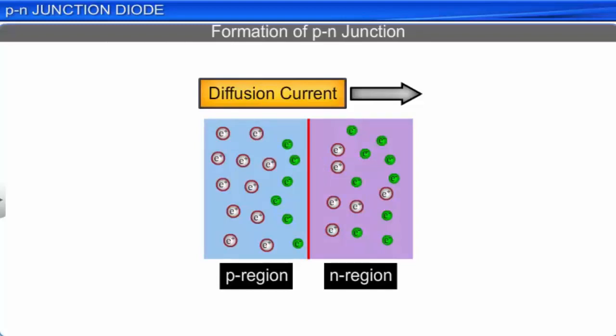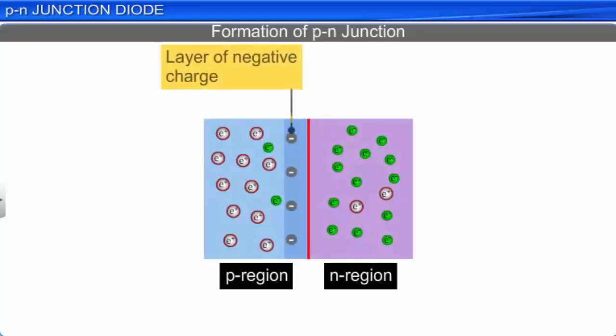Similarly, when holes diffuse from the p region to the n region, they leave behind stationary, negatively charged atoms of the acceptor impurity. This creates a layer of negatively charged ions towards the p side of the p-n junction, and a layer of positively charged ions towards the n side.